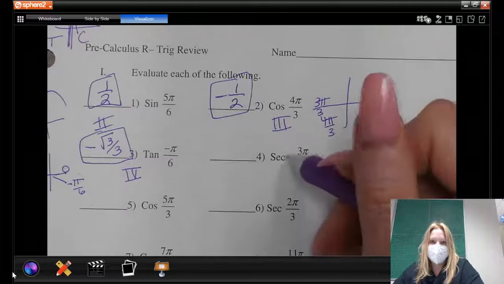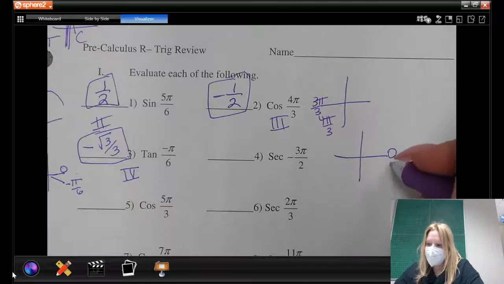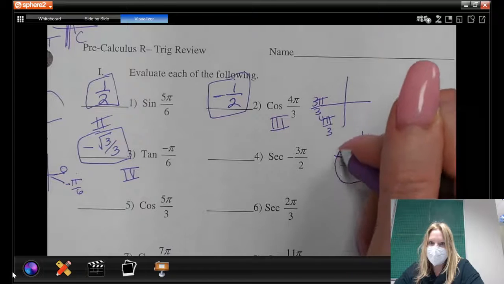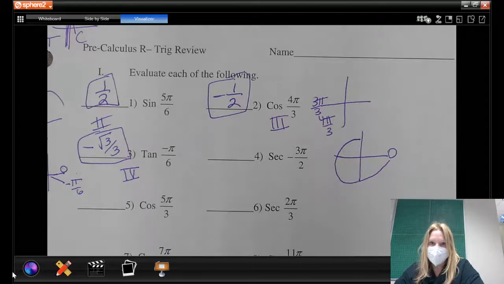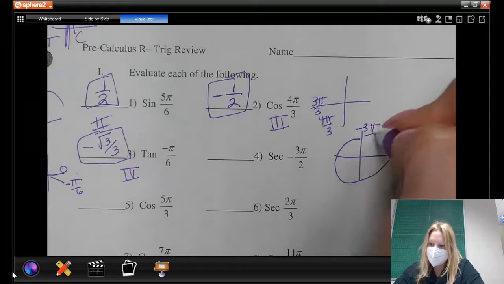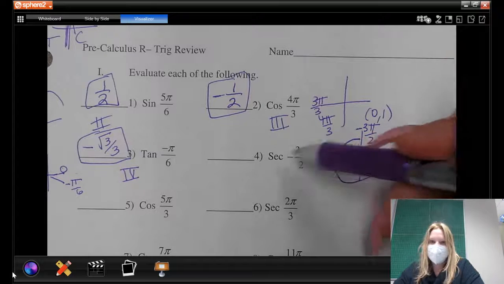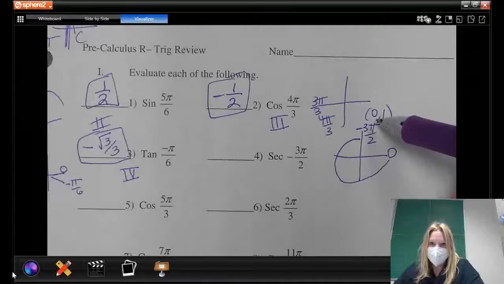This is a good one to look at. Sec of negative 3 pi over 2. So you are going negative 270 degrees. So clockwise 270 degrees. So that ends up here at 0, 1 on your unit circle. Cos is the x coordinate.